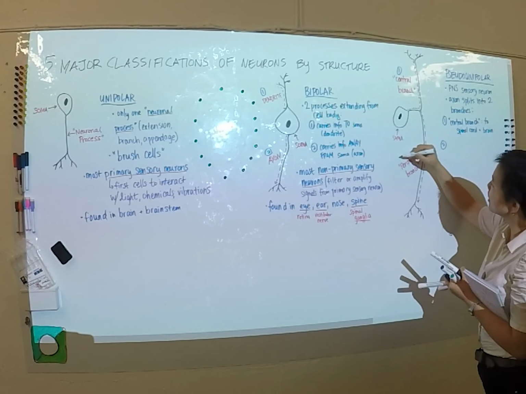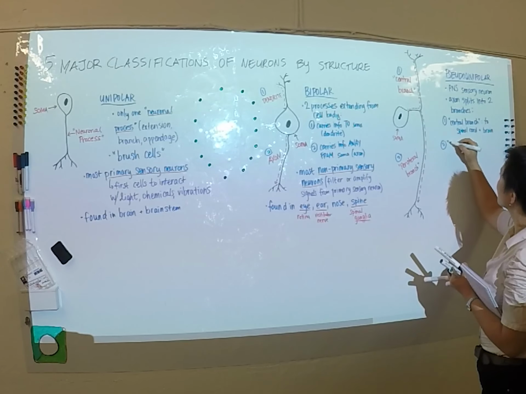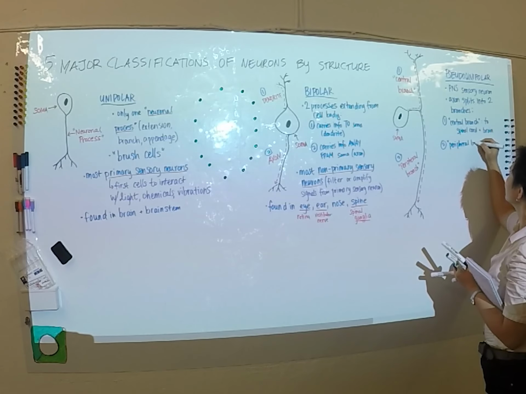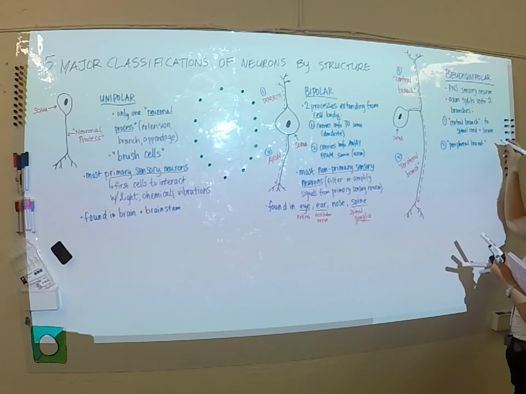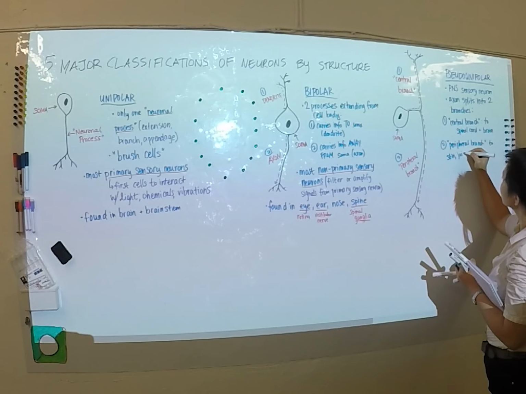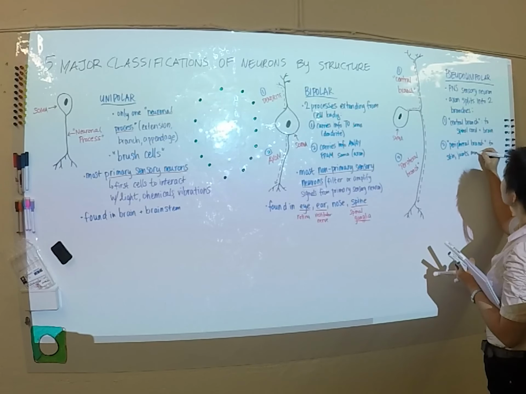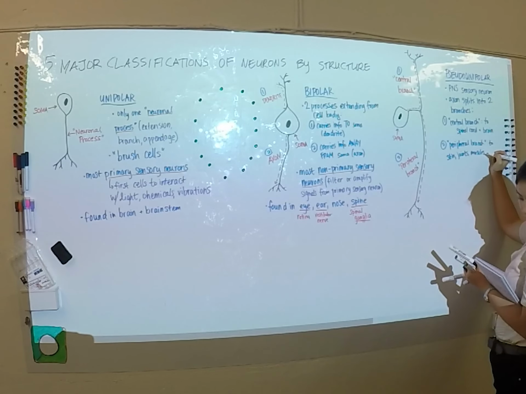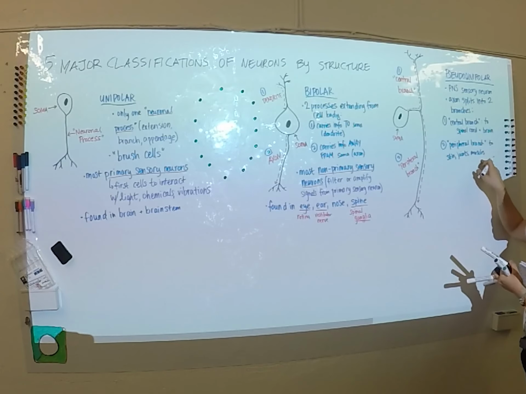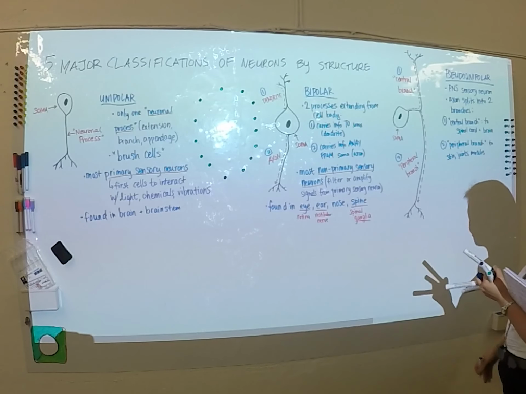And the second one, our peripheral branch. This one goes to your skin, your joints, your muscles. I thought it was to glands as well, but maybe not. Okay, definitely it goes to your skin, joints, and muscles. So it goes out to the rest of the body, okay?